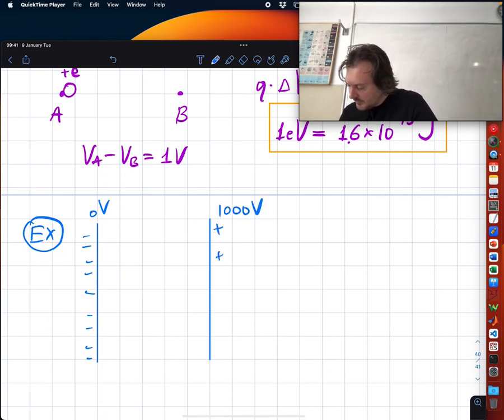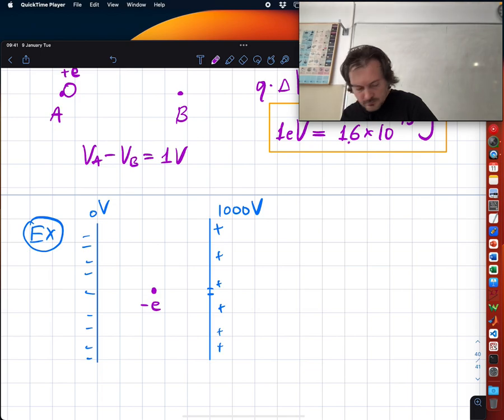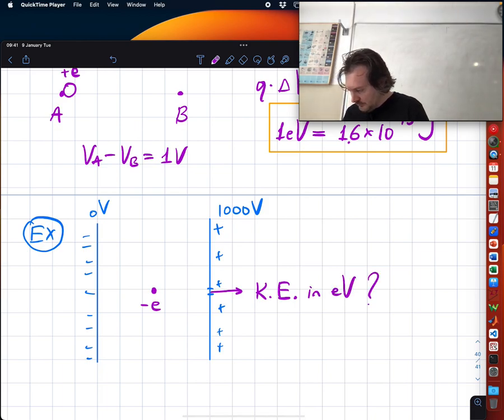This is plus, but there is also a hole in it. I have an electron right in the middle. The question is, what is the kinetic energy of the electron in electron volts when it goes out? Do you understand the question?